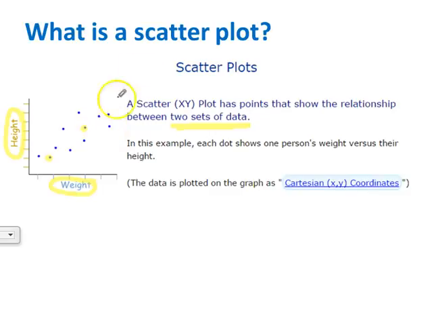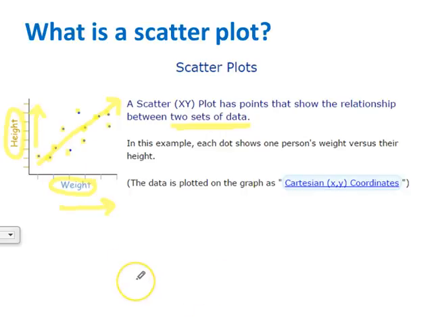So this is an example of what a scatter plot will look like when it's done, a bunch of dots. And we can look at these dots to see if there's a relationship between the two sets of data. And in this scatter plot, we can kind of see that there tends to be this relationship that as the weight is increasing, so is the height.